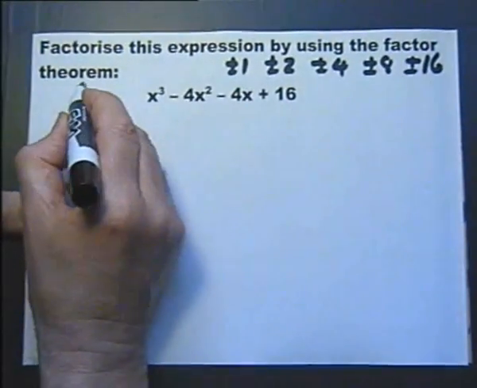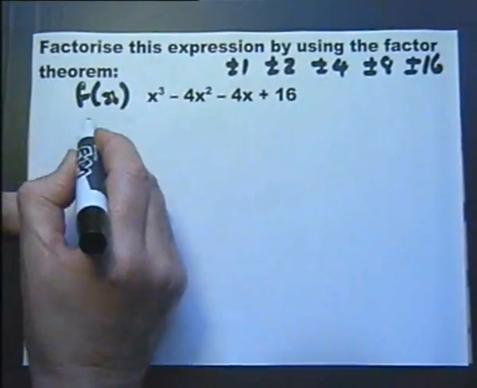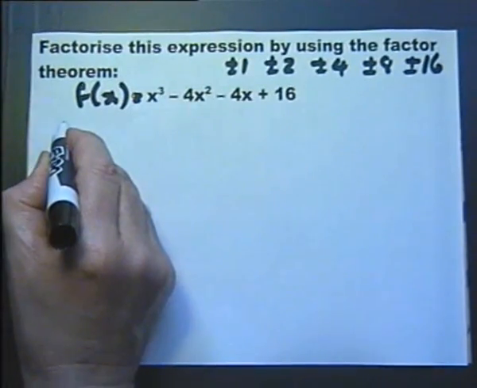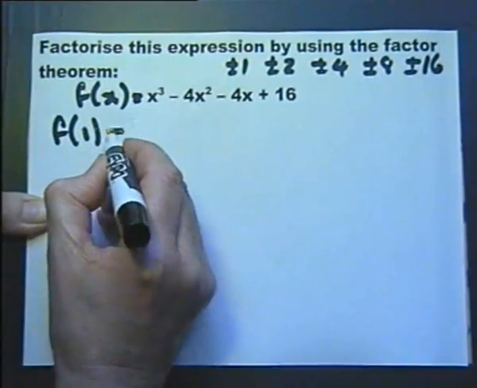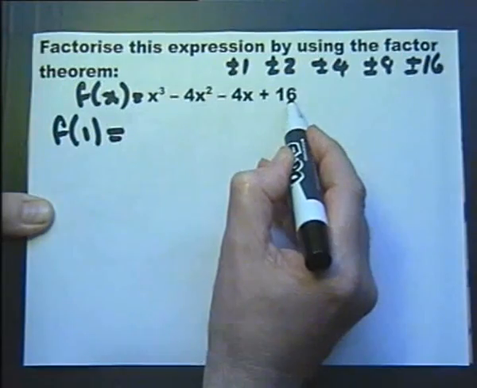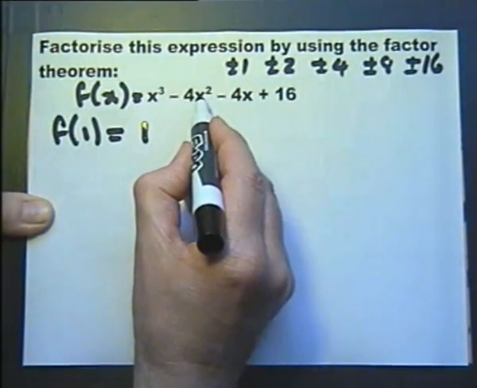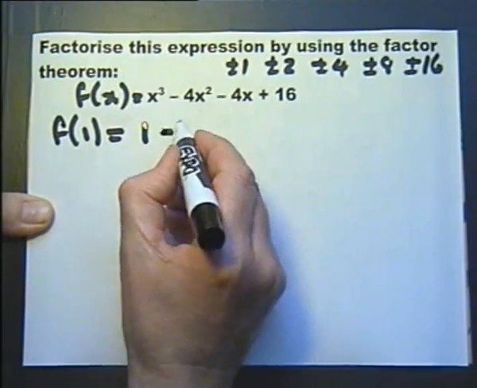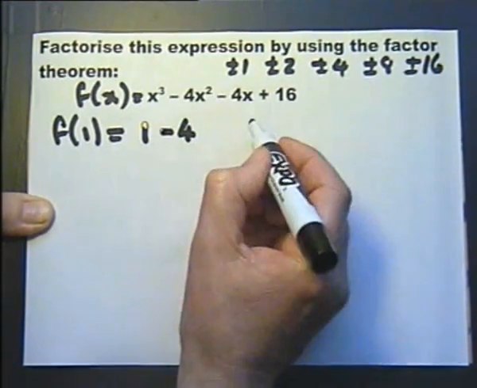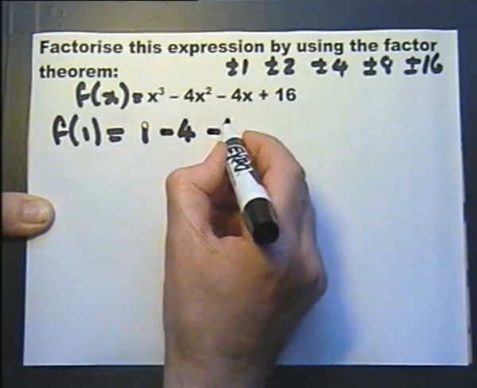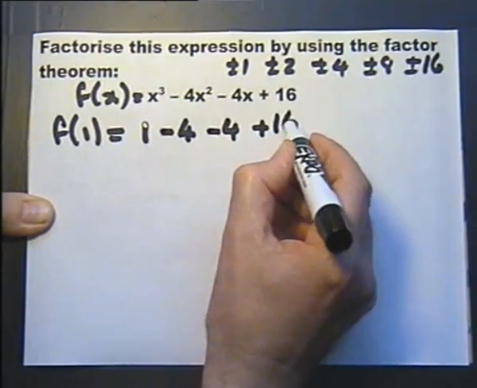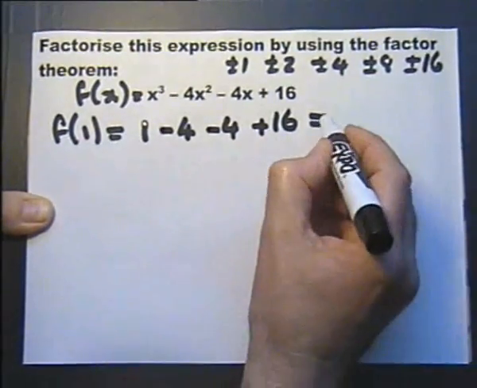So let's see what happens when x equals 1. So we substitute x equals 1 into here. 1 cubed, 1 squared multiplied by minus 4, minus 4 times 1 plus 16. That doesn't equal 0.